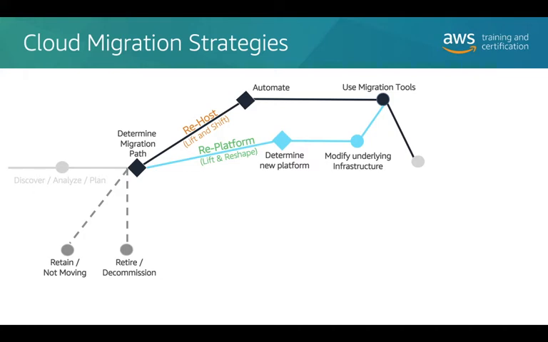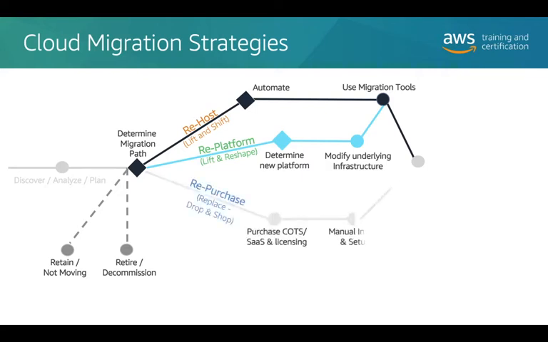You might want to move from a proprietary Unix environment running perhaps proprietary Java runtime environments and maybe move it into an open source Java runtime environment running on Amazon Linux 2. So you need to understand what your new platform will be. You need to obviously do a certain amount of application refactoring at times to modify your infrastructure. Make sure you make use of migration tools and obviously test that.